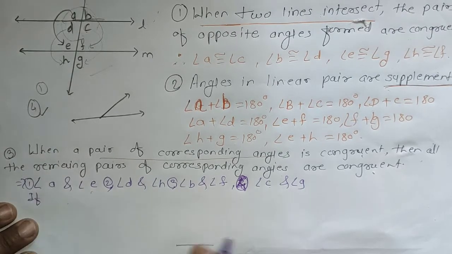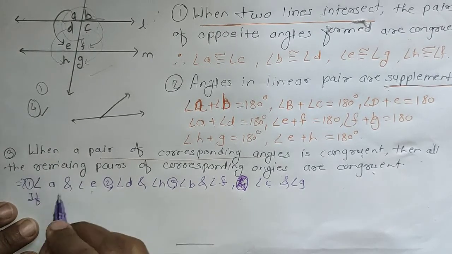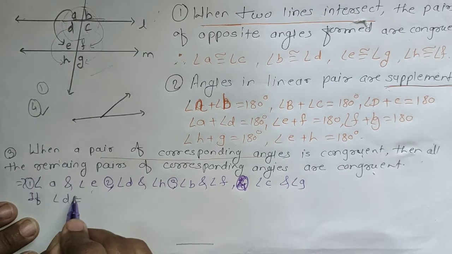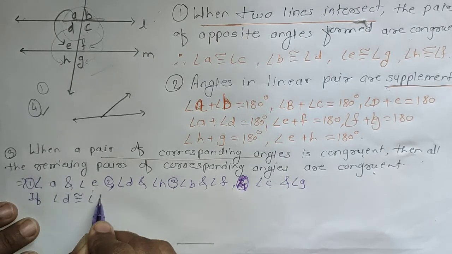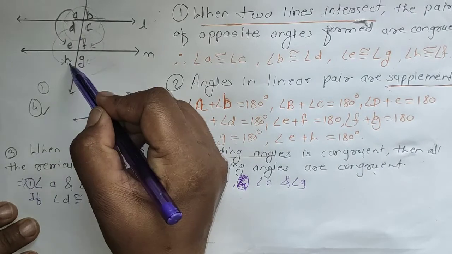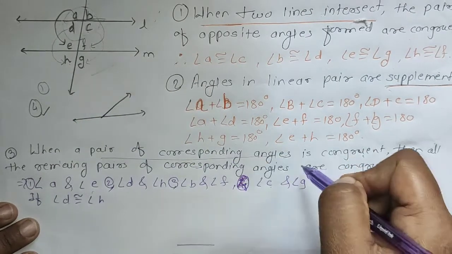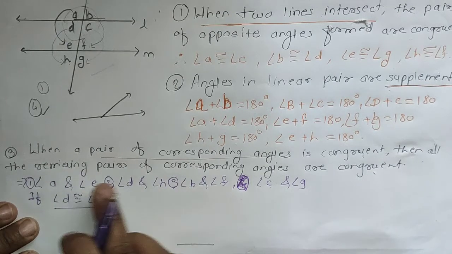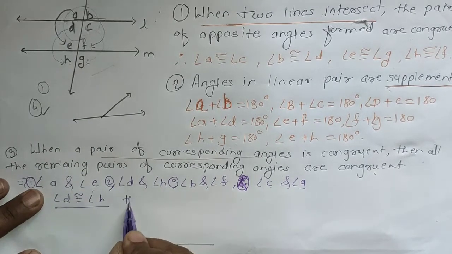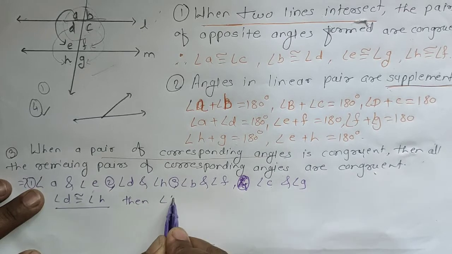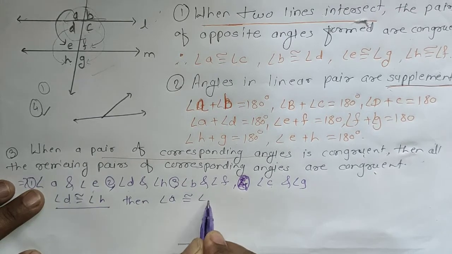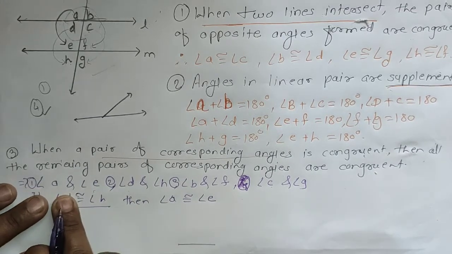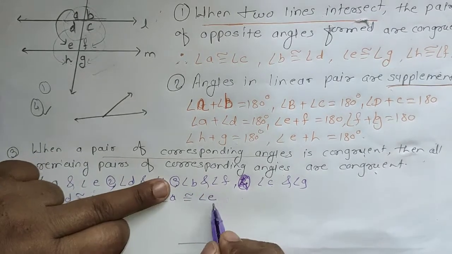Then here, suppose angle D is congruent to angle H, because pairs of corresponding angles are congruent. If D is congruent to H, then the remaining pairs: angle A is congruent to angle E, that is also congruent.